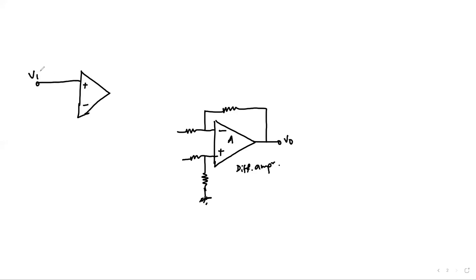So the input to this amplifier is VI1, okay? And what we do here, we have another circuitry. So essentially we have 3 operational amplifiers. Let's say this is A1, that's A2, and that's A3.